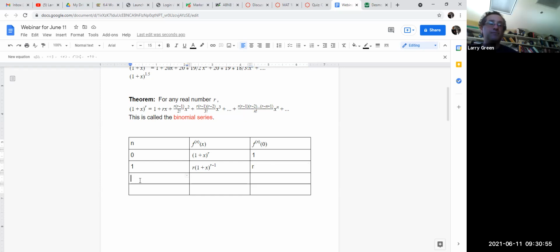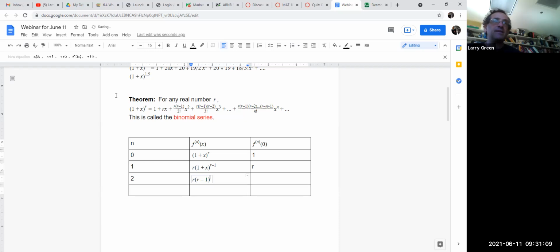Okay, and n is 2. Take another derivative. r is a constant, so it just stays there. So you just get r times, power rule says multiply by (r - 1), times (1 + x)^(r - 2). Oh, sorry, I forgot the 1 plus x.